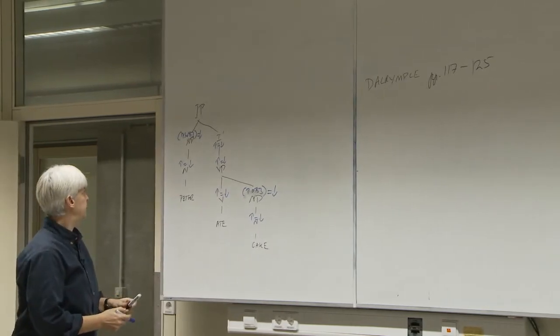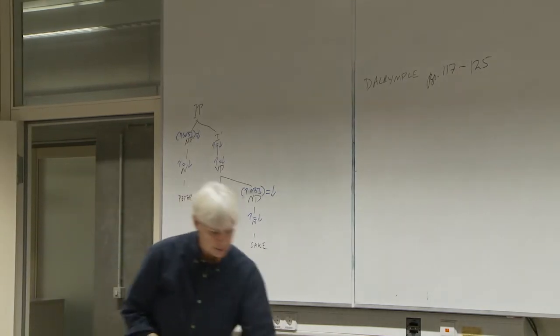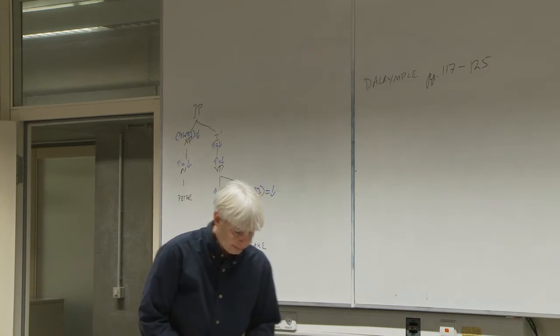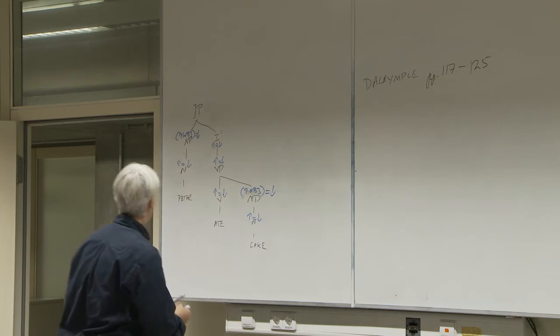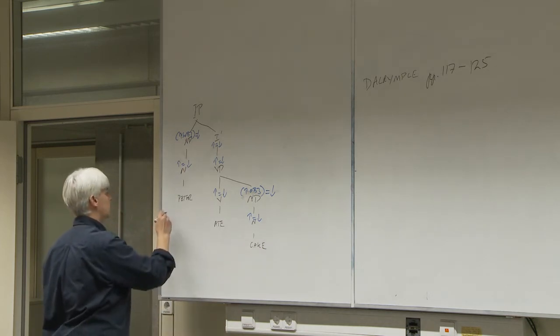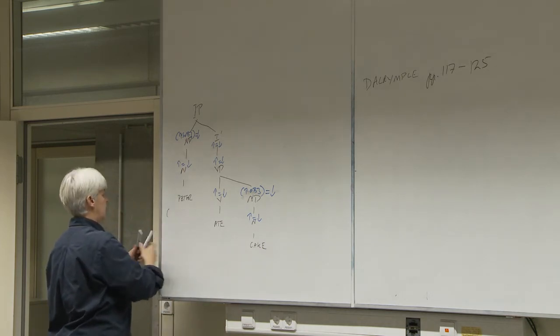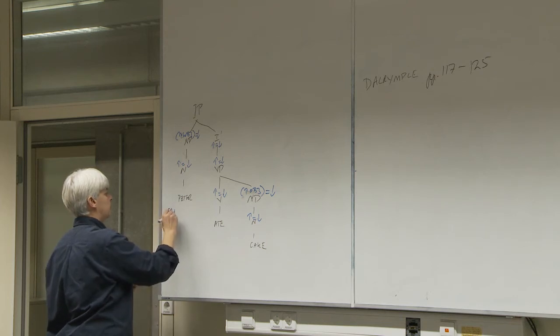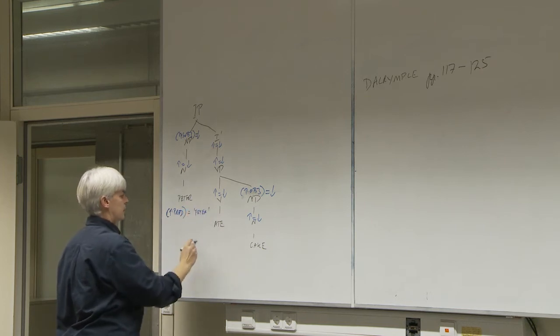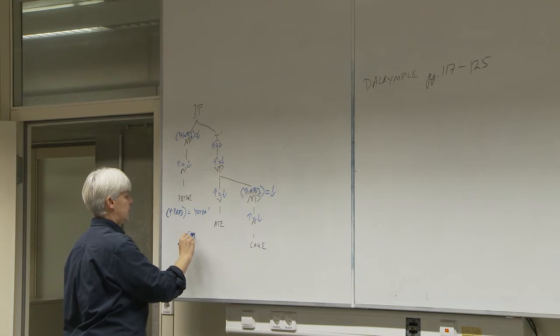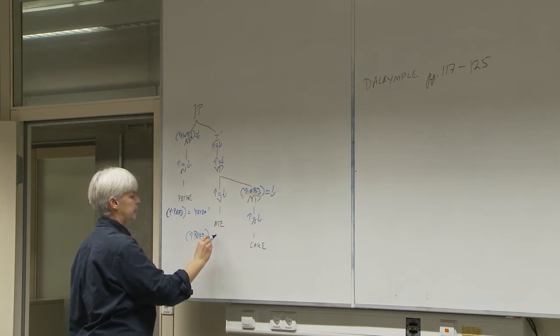The way we do it is like this. We need some lexical entries as well. So this would be up-spread pred is equal to Peter. This would be up-spread pred is equal to what?